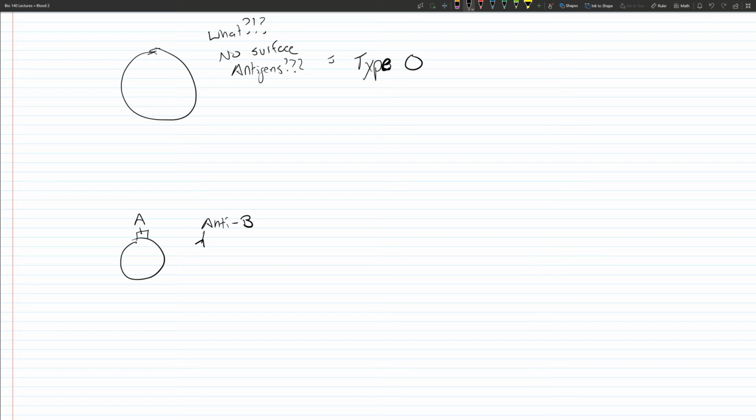So if I have somebody who has type A blood and I give them type B blood, they're going to attack it. It's called a transfusion reaction. It's very bad. If I have blood that's got surface antigen type B, that means it's going to have anti-A. So if I have somebody who has got B blood and I give them A blood, they're going to attack it because in their blood there is something that will attack A blood.